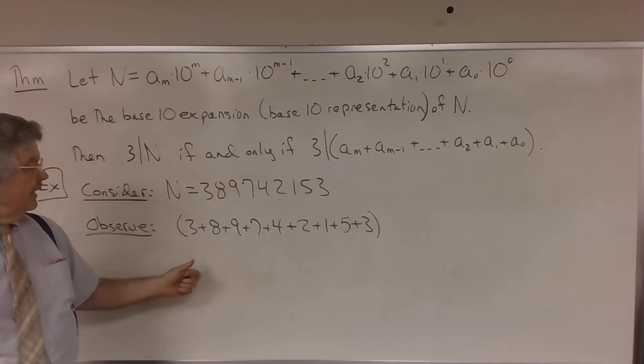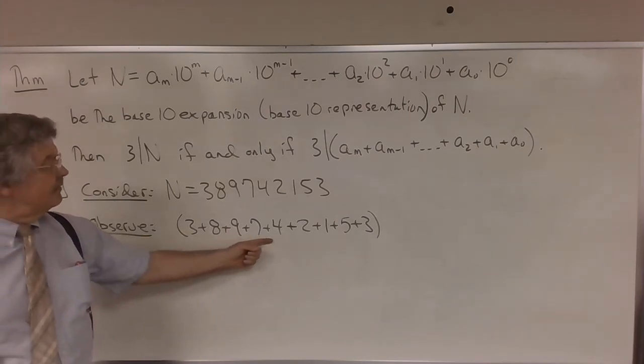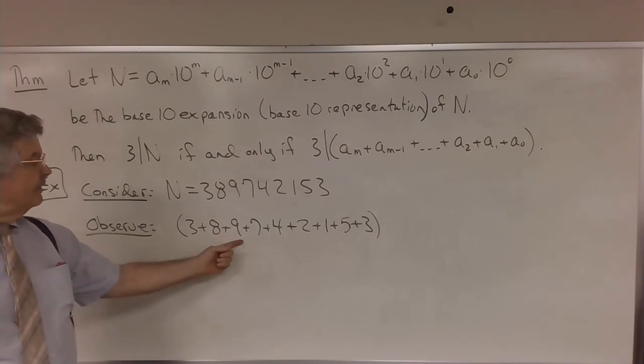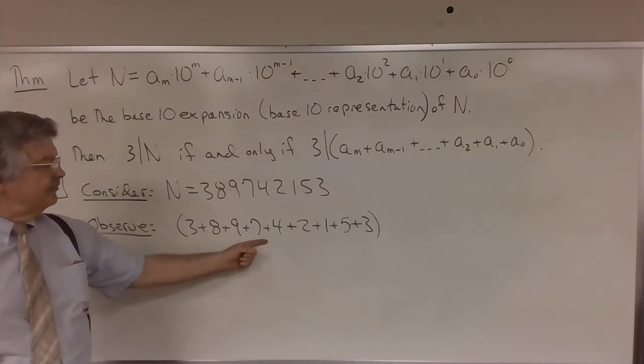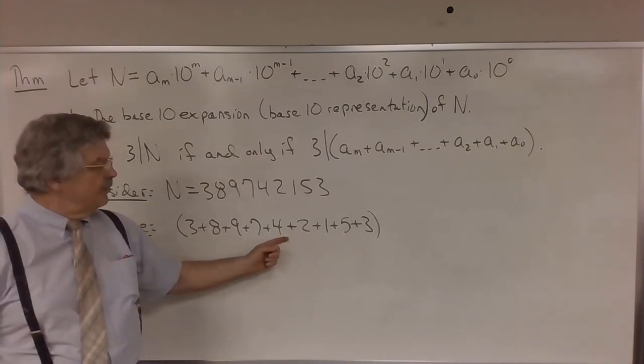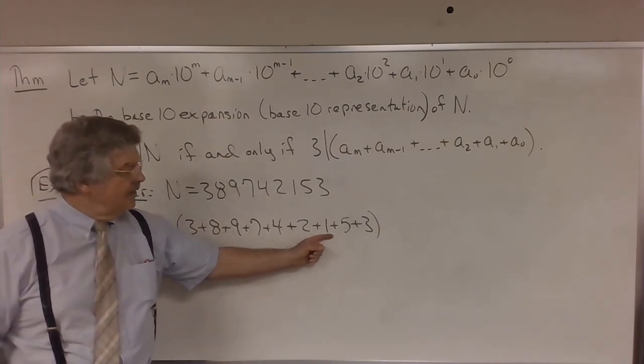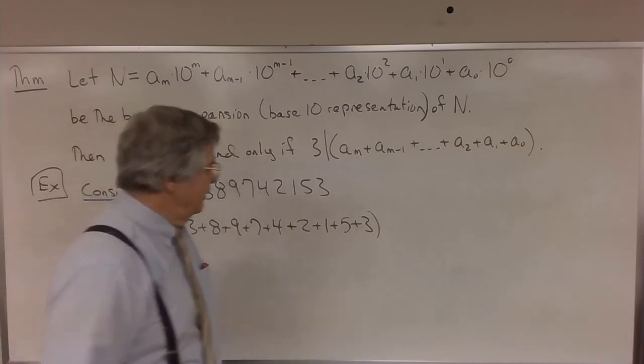Let's see, did I do that right? 389,742,153, yes. 11 plus 9 is 20, plus 7 is 27, plus 4 is 31, plus 2 is 33, 34, 39, 42.